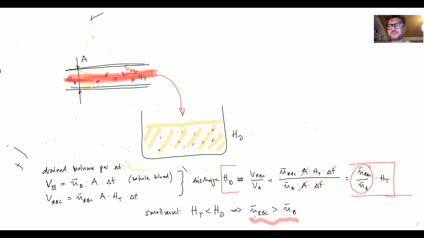And that's exactly the story. The Fåhræus effect is only possible if we have a so-called axial concentration for red blood cells. Red blood cells tend to flow not close to the wall, but they tend to flow more in the center, which gives them a higher average red blood cell velocity, which is higher than the average blood velocity, which creates the Fåhræus effect.